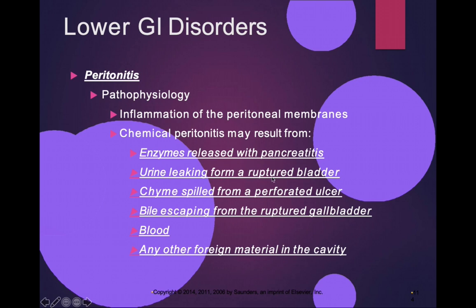All of those organs are found in the same cavity, so if it leaks, then it can spread. Think of it as spreading or metastasizing to other parts. Metastasizing may not be the right word because that usually refers to cancer, but spreading through that same membrane.